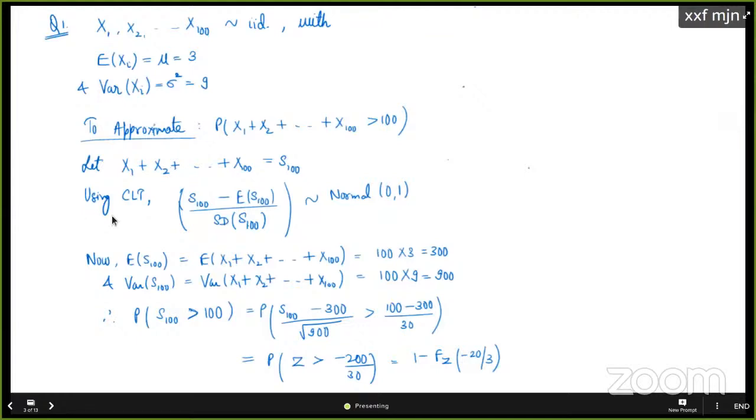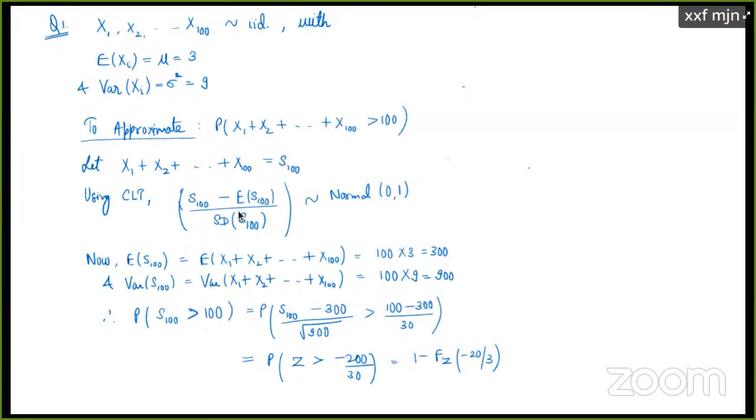Okay, so using CLT, what is CLT? You have to subtract the mean and divide by the standard deviation, so that it will approximate to a normal distribution with mean 0 and standard deviation 1, or variance 1.